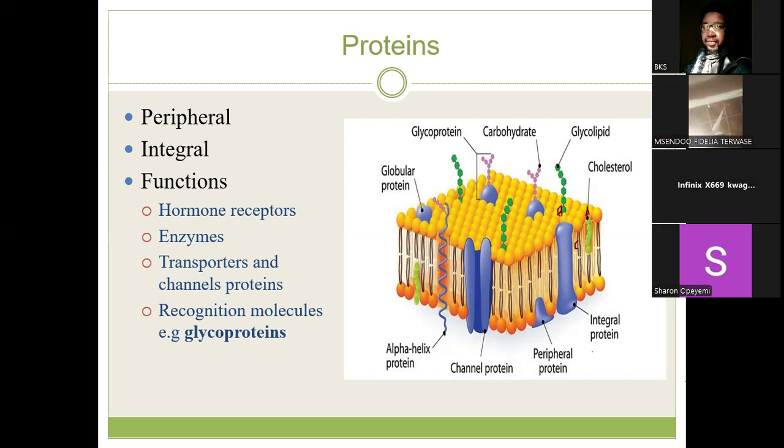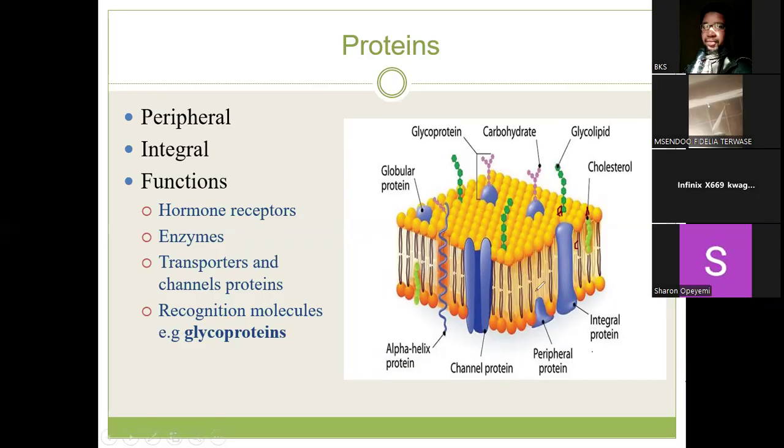It is called peripheral when the protein is only found on the surface of the monolayer. It is a protein that is just attached to the periphery, either inside or outside.